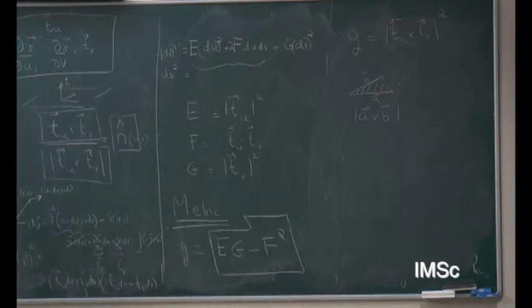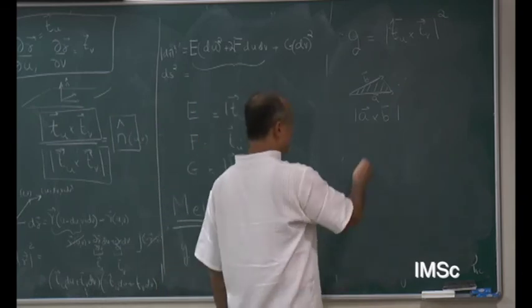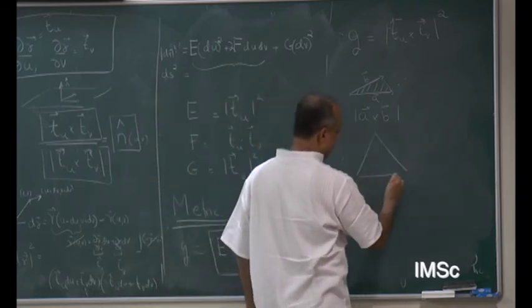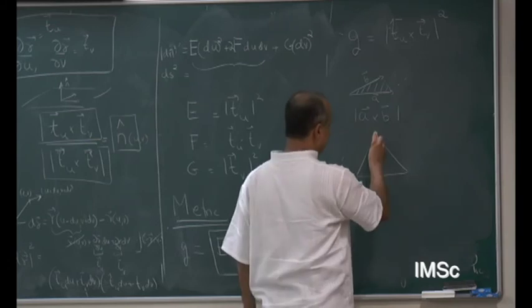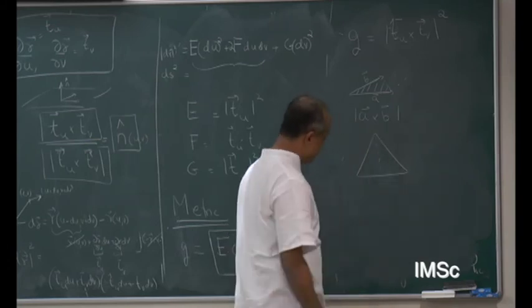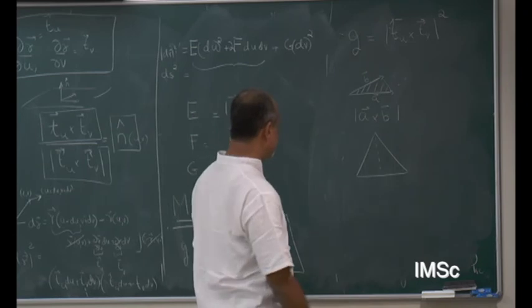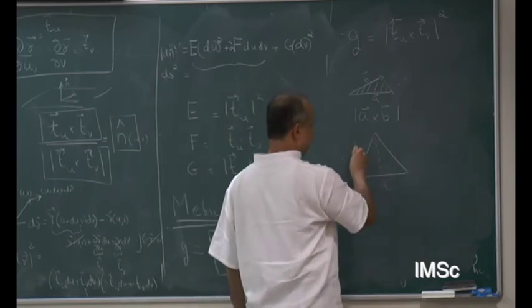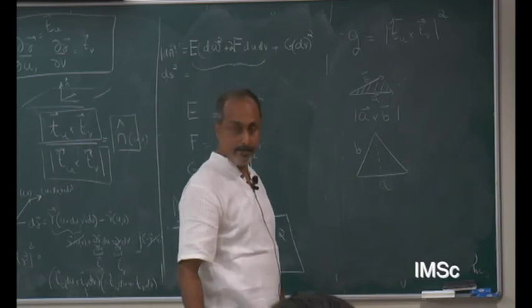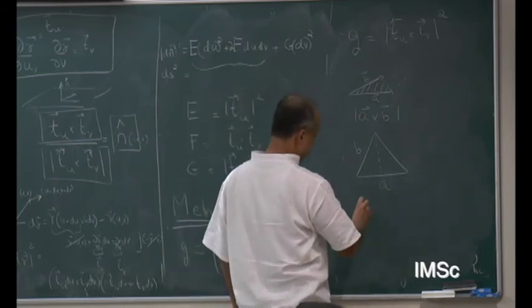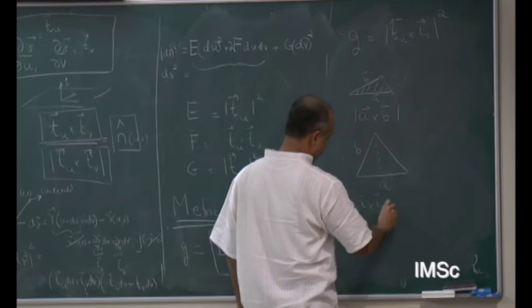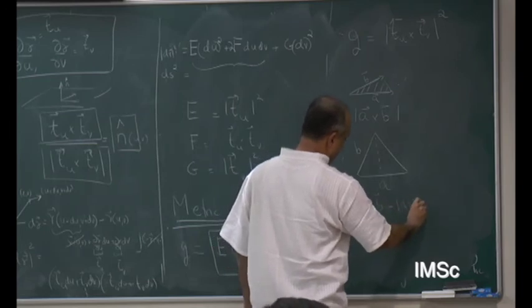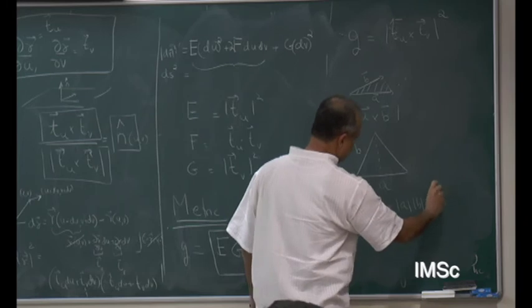This you need to probably remind yourself a little bit. Let me just remind you of how this came. So let us say we have a triangle here. Suppose this is A and this is B. So A cross B is mod A mod B times the sine of the angle between them.